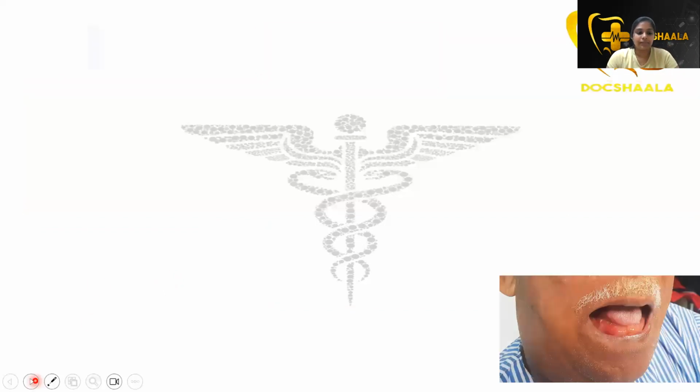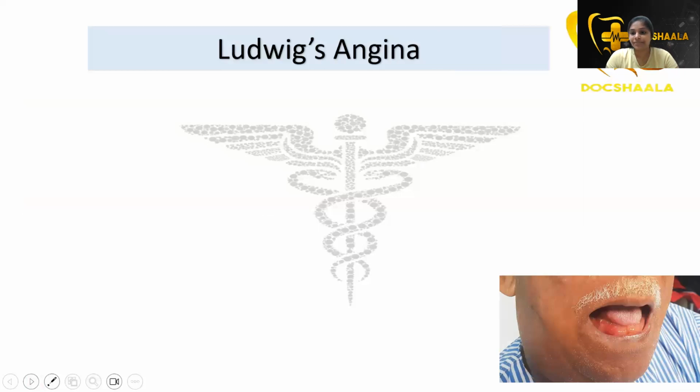Then Ludwig's angina. This is one of my favorite images. It represents the double tongue appearance that we see in Ludwig's angina, right? Why we get this double tongue appearance is because the infection is spread in three spaces. What are those spaces?